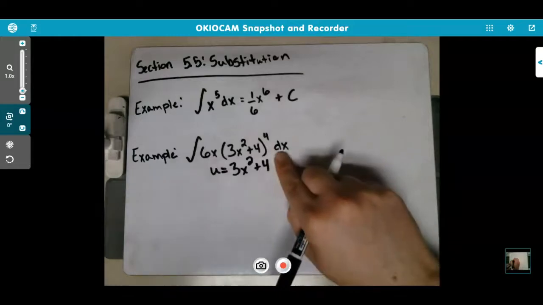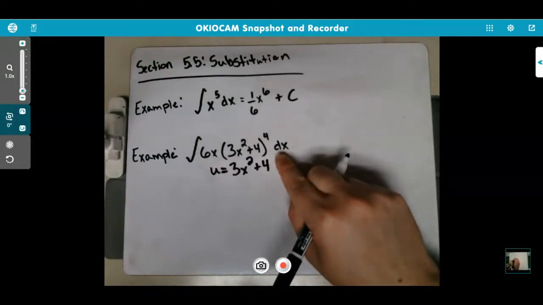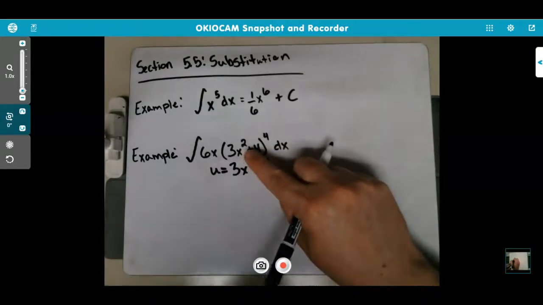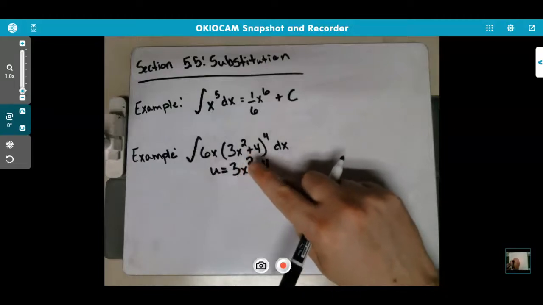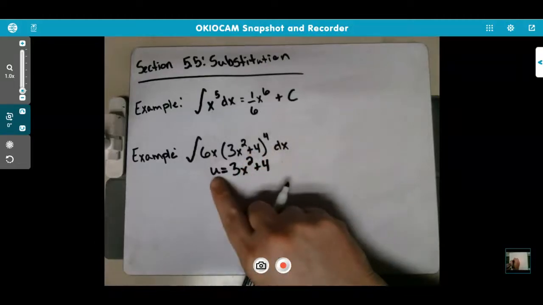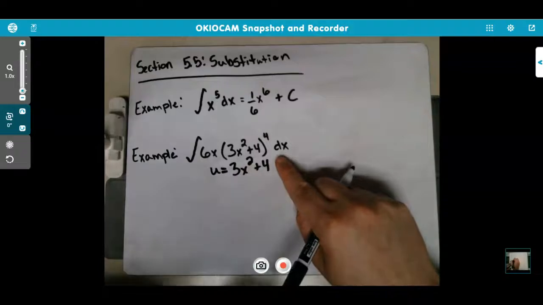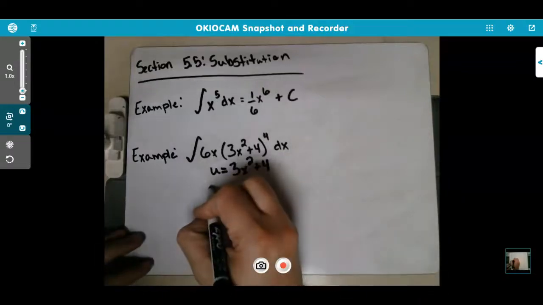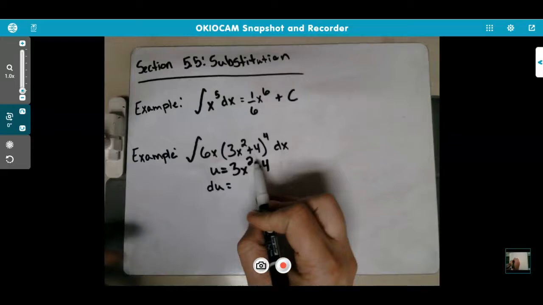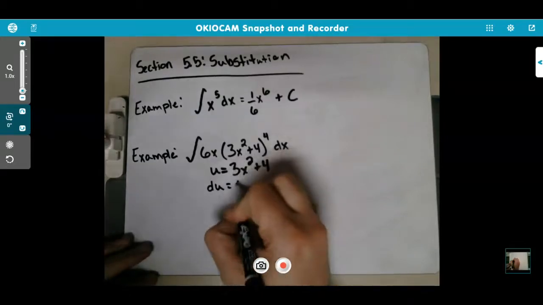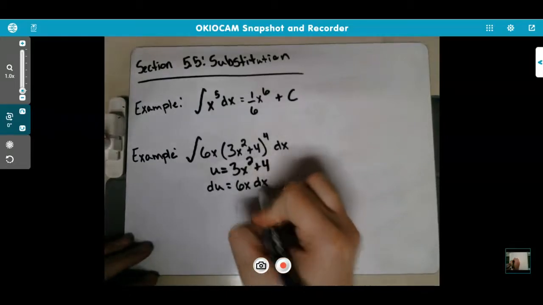Notice here this is dx, which means I need it in terms of an x. So if I'm changing it to a u, I need this to be du. So what I do is I find the derivative of the u. Like I said, bring my 2 down. That's going to be 6x dx.